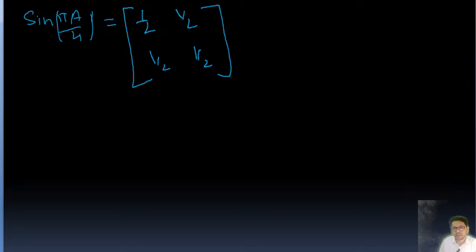This is the matrix, or simply we can write 1 by 2 common and then [1 1; 1 1]. So this is the answer.